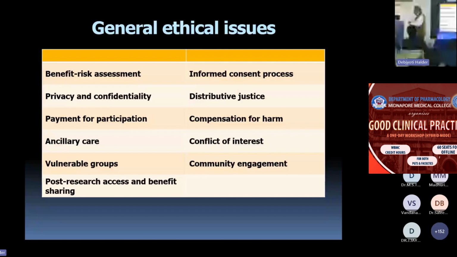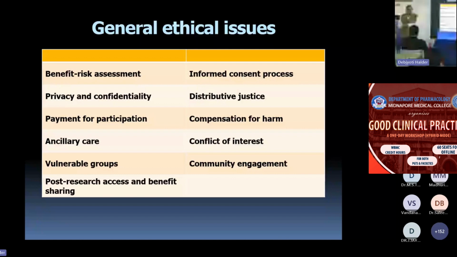These are examples of vulnerable groups in this. Sorry, tribal populations. So these are examples of vulnerable groups. So what is the common thread? Common thread is, what word did you use, sir? Exploitation. So they are vulnerable to exploitation for the purpose of research.